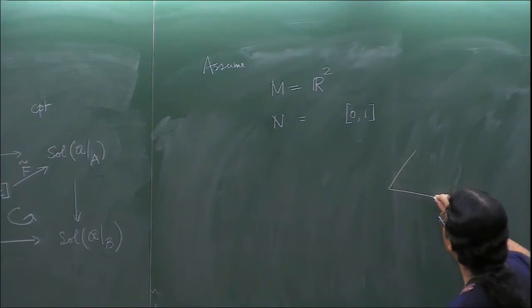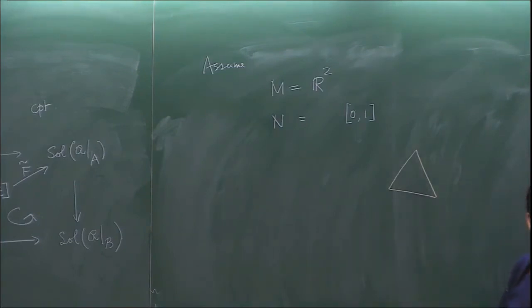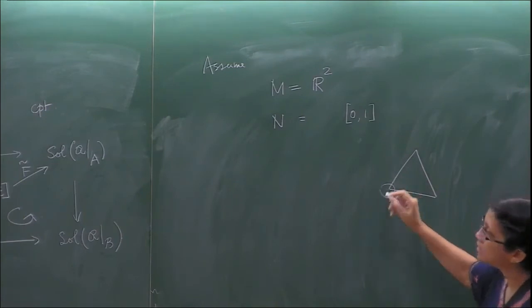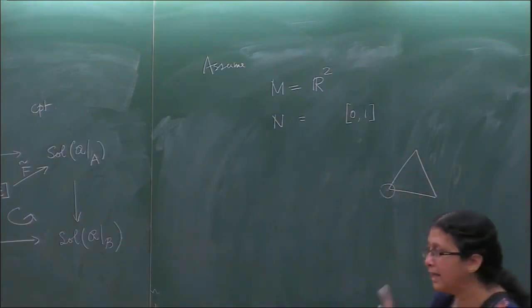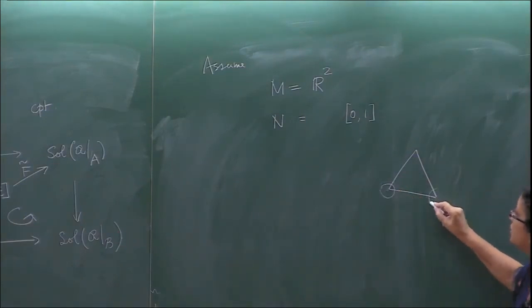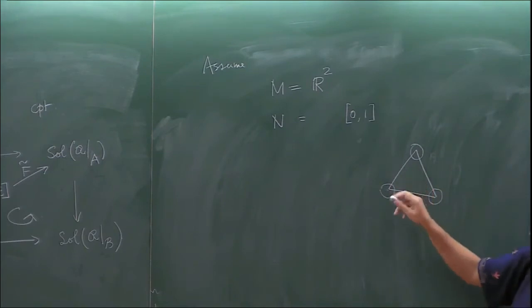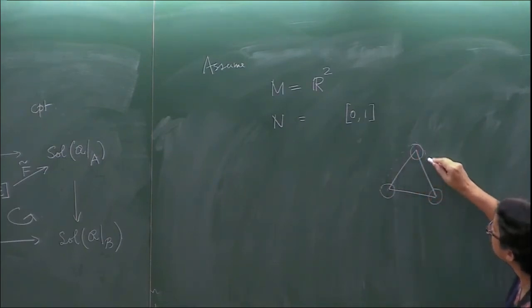You will have a triangle in the 2 case, suppose. You already know that this first property of R enables you to get local solutions here, right? But then you want a solution on the neighborhood of this.